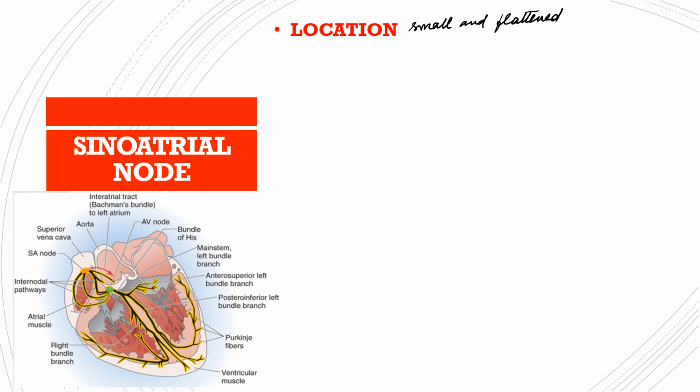These cells are located in the supralateral wall of the right atrium, as you can see from this diagram, just near the opening of the superior vena cava.